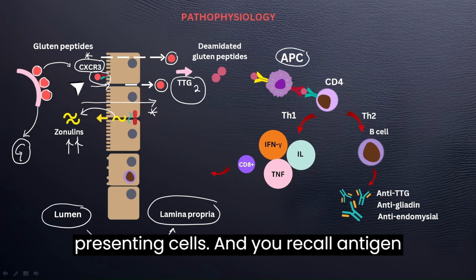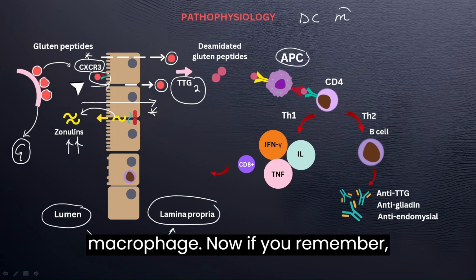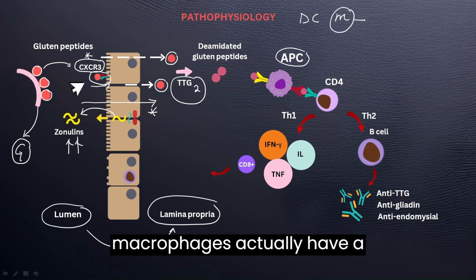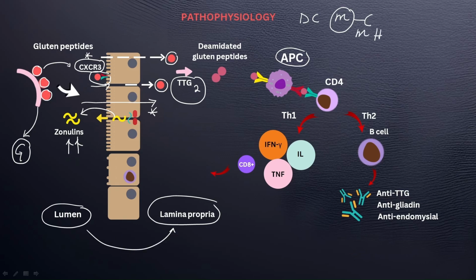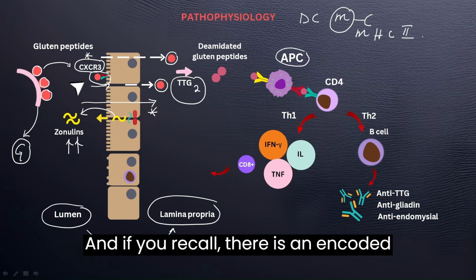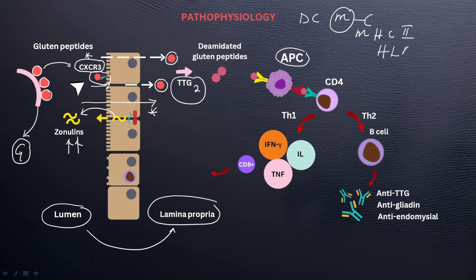So the deamidated gliadin is then picked up by antigen presenting cells. Now you recall an antigen presenting cell can actually be a dendritic cell or, let's say, a macrophage. Now if you remember, macrophages actually have major histocompatibility complex 2. And if you recall, there is an encoded gene, which is HLA-DQ2 as well as DQ8.